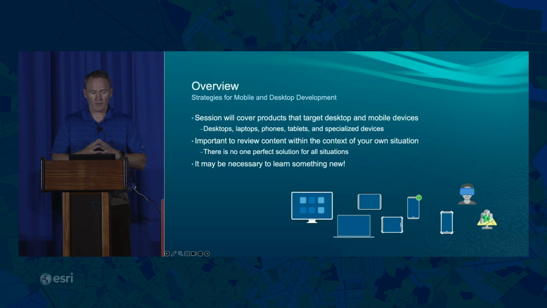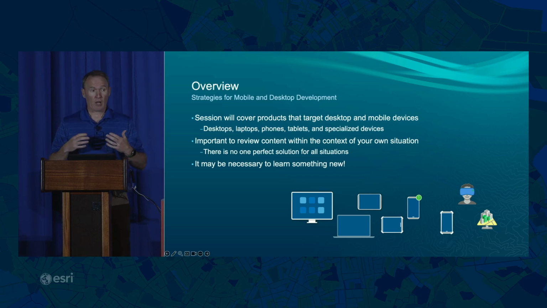So the title of this is mobile and desktop development, but really we should consider this as a spectrum of devices, from multiple monitor heads-up displays to laptops, to tablets, to phones, to now things like AR and VR headsets. There's a wide range of devices out there, and you might need to choose the right tool to target those specific devices.